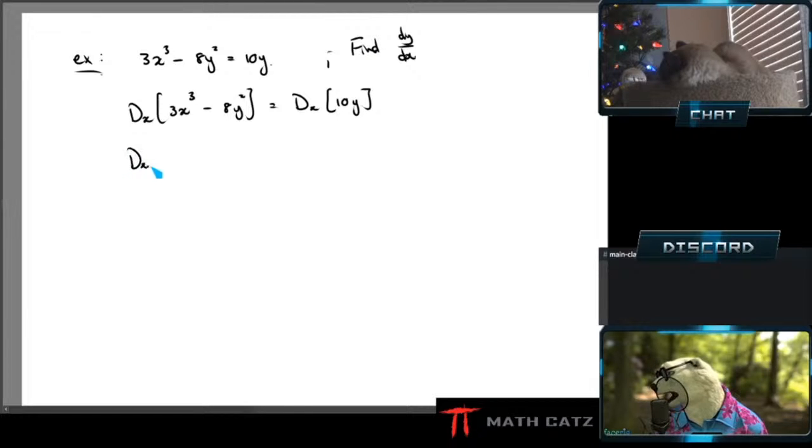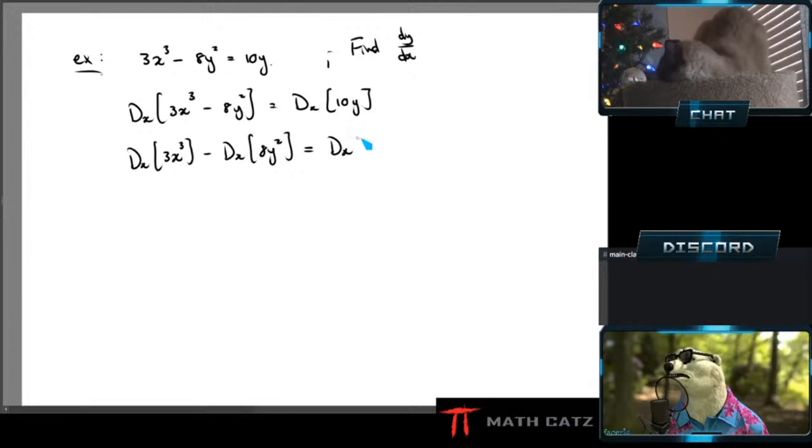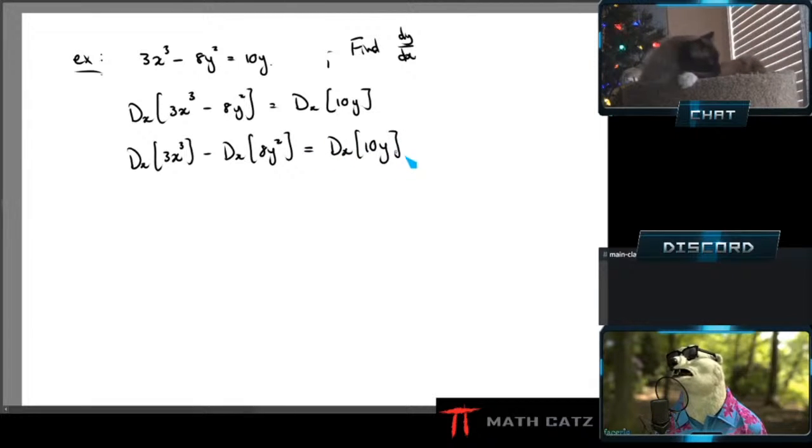Now I'll break this up by the difference property, just because I want to. 8y squared equals, handle all these derivatives in a second. Now I remember to watch out for the letters matching. The letters match, there is no catch.